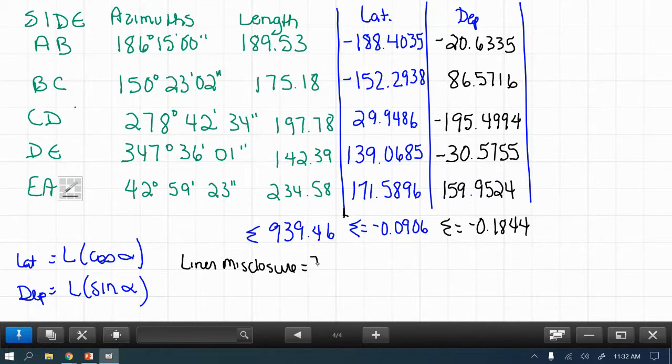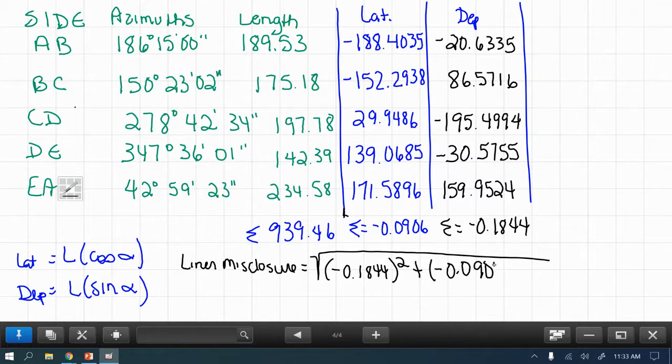That'll be the square root of, no, we've got it, departures first. It doesn't matter. So that formula is your square root of your departure misclosure squared plus latitude misclosure squared.